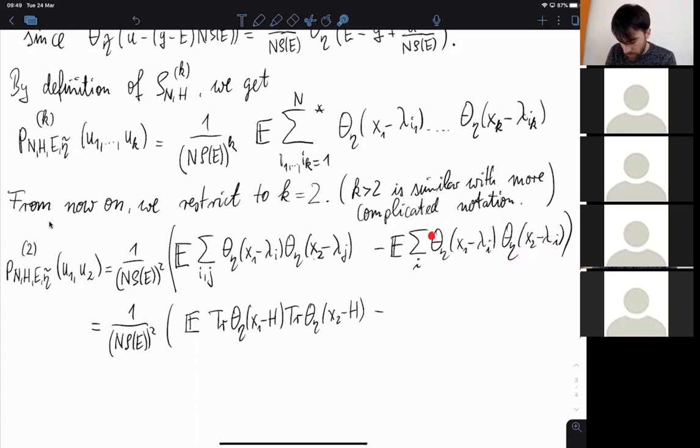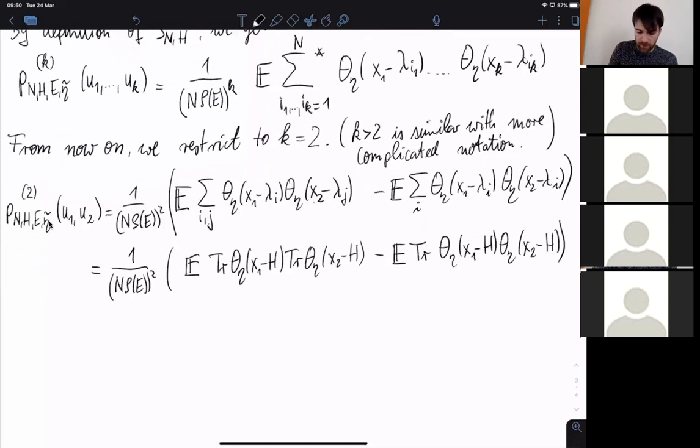So this is, in the matrix sense, H evaluated at the product of these functions, and then I take the sum. So this looks as follows. This is the expectation of the trace of theta eta of x1 minus H times theta eta of x2 minus H. Okay, and now we can identify that these thetas are always 1 over pi times the imaginary part of the resolvent.